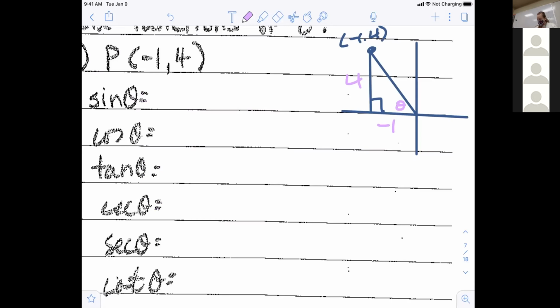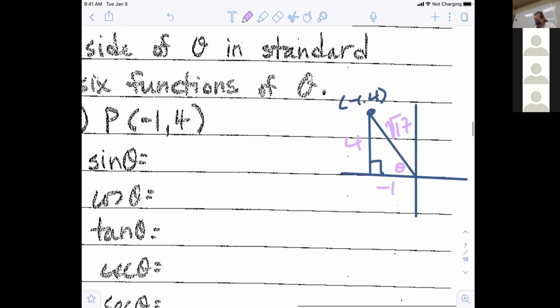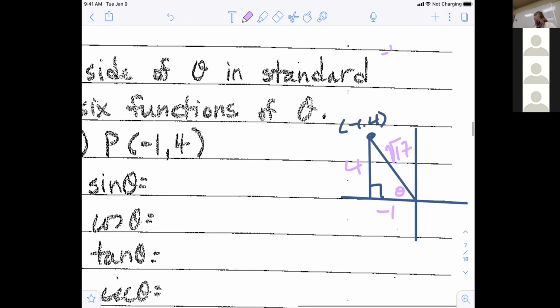And then when you do the Pythagorean theorem, you get √17 as your hypotenuse. If you don't believe me, I'll do it up here. (-1) squared plus 4 squared equals c squared. So when I square everything, I get 1 plus 16, which is 17.